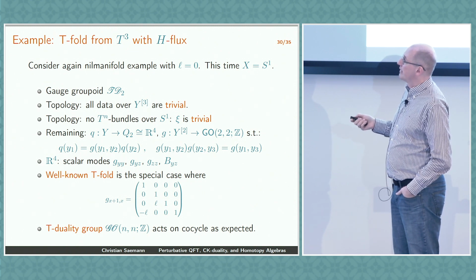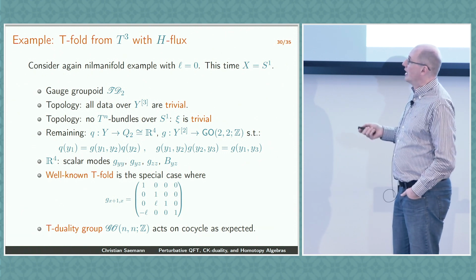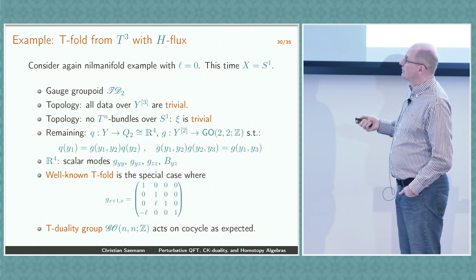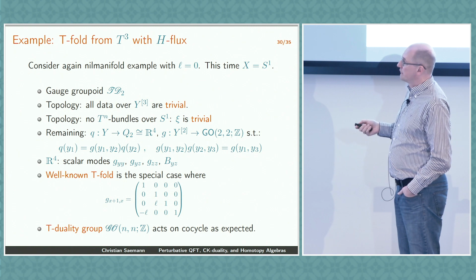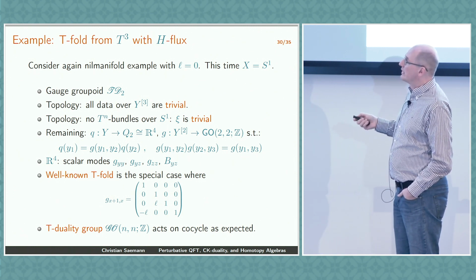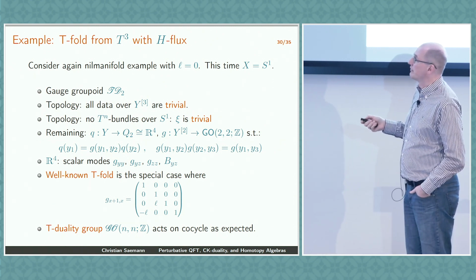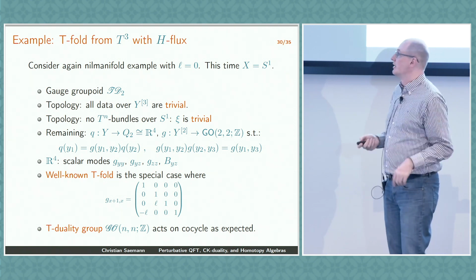And you can arrange them into these 4 scalars that you get, and this is exactly what our formalism says you should get. And then you get the T-fold by the transition functions that are exactly of this form. And you can show that this glues together nicely. I mean, you will arrange these in the form of a generalized metric, and then you have the T-duality group acting on these, and you can show that things glue together exactly as you would expect.